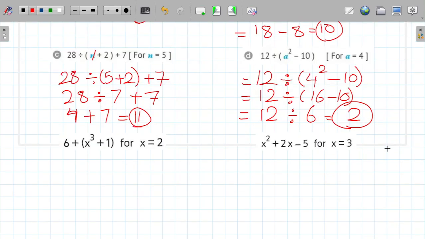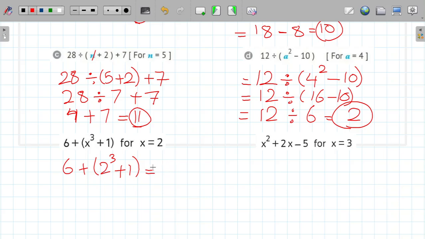Next, I have 6 plus x cubed plus 1. So I will replace x with 2. So it will be 6 plus x cubed, it will be 2 cubed plus 1. Okay. Next, I will do the exponent inside the parentheses.